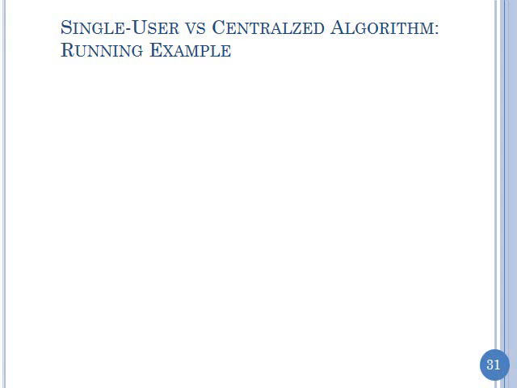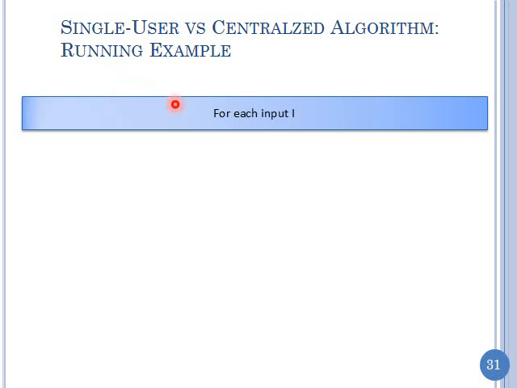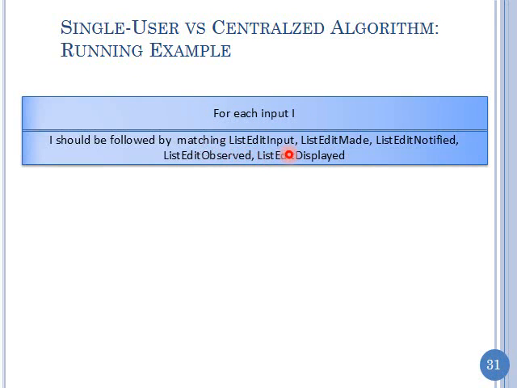So let's look at the algorithm. In the single user case, whenever the user input I, the local application did listed at input, listed at mail, listed at notified, observed, and displayed. And now we saw what happens in the replicated architecture. Now what happens in the centralized architecture?